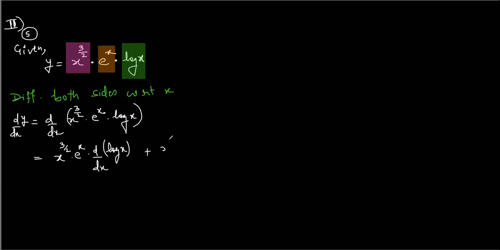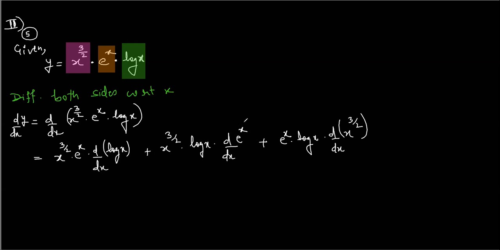So I will multiply x raised to 3 by 2 into log of x and d by dx of e raised to x, plus, finally, e raised to x multiplied with log of x and d by dx of x raised to 3 by 2. Okay, so I started from the end first. So this is x raised to 3 by 2 into e raised to x.